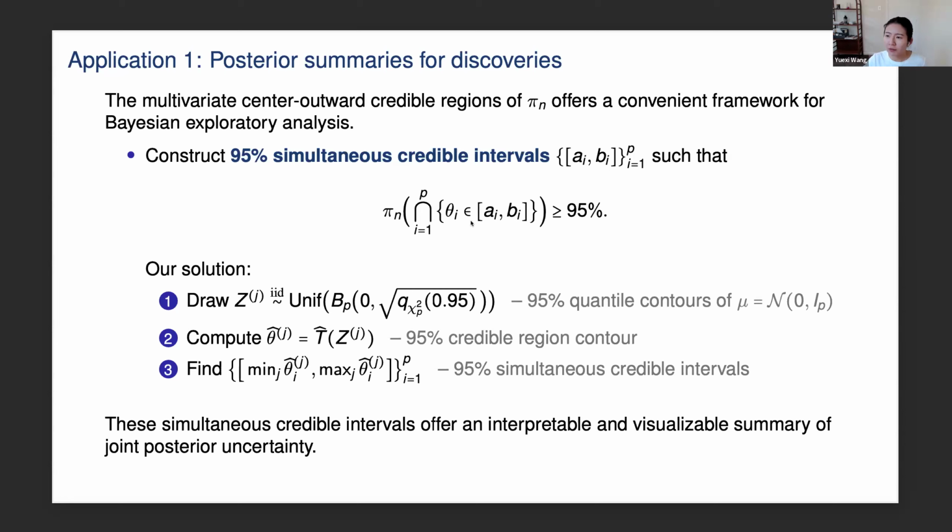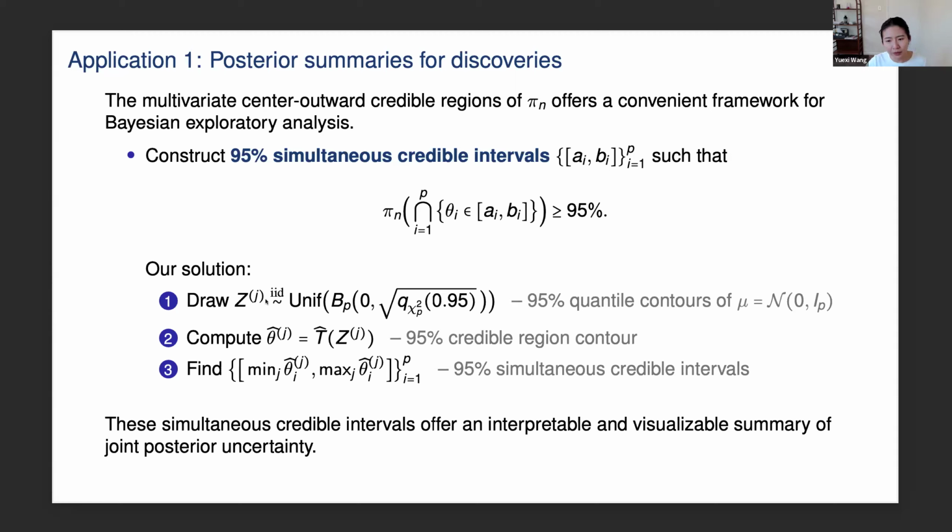So usually for multivariate thetas, you can either use a Bonferroni-type correction, which will be extremely conservative, or you need to find a way to figure out where the high density region is, and that can also be challenging for high dimensional theta. I think our approach could be a much simpler solution to this question.